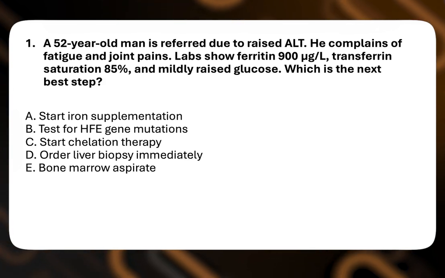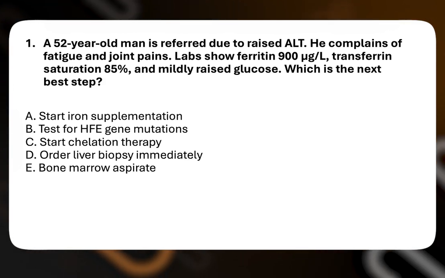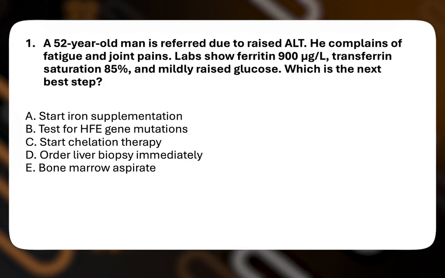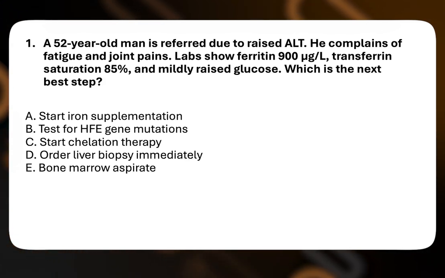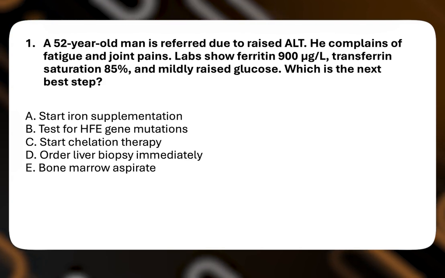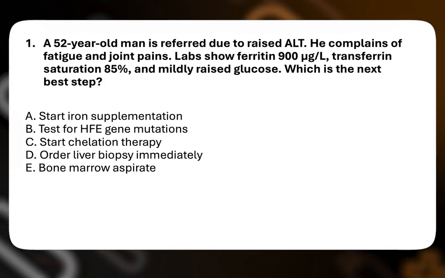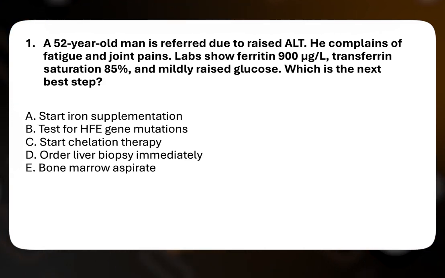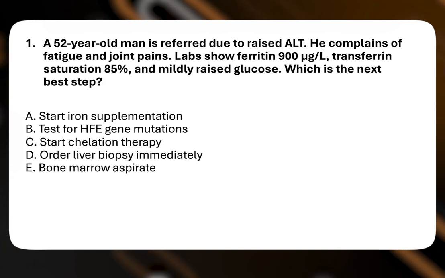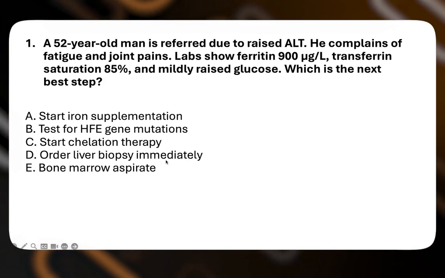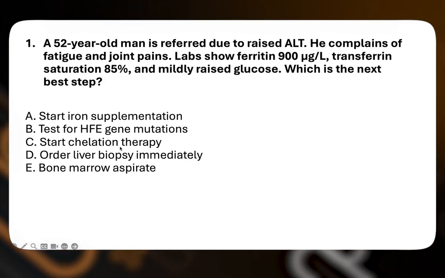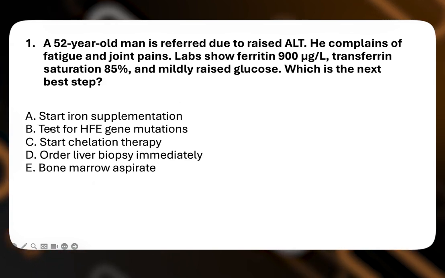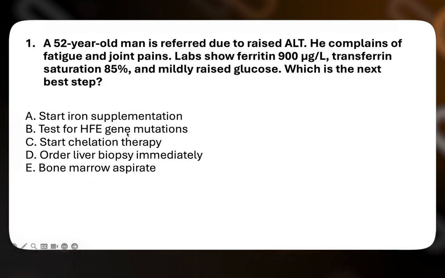All right. So here, the patient looks clearly like hereditary hemochromatosis: the patient has diabetes, liver dysfunction, fatigue, joint pains. So it's very straightforward. Here there's also a mention of ordering liver biopsy immediately, bone marrow aspirate, start chelation therapy. But here you will first confirm the diagnosis.